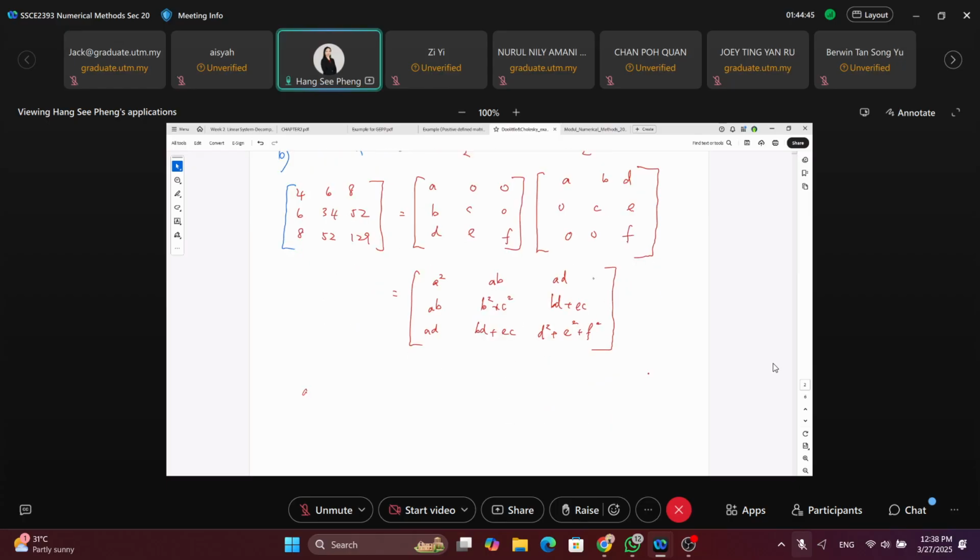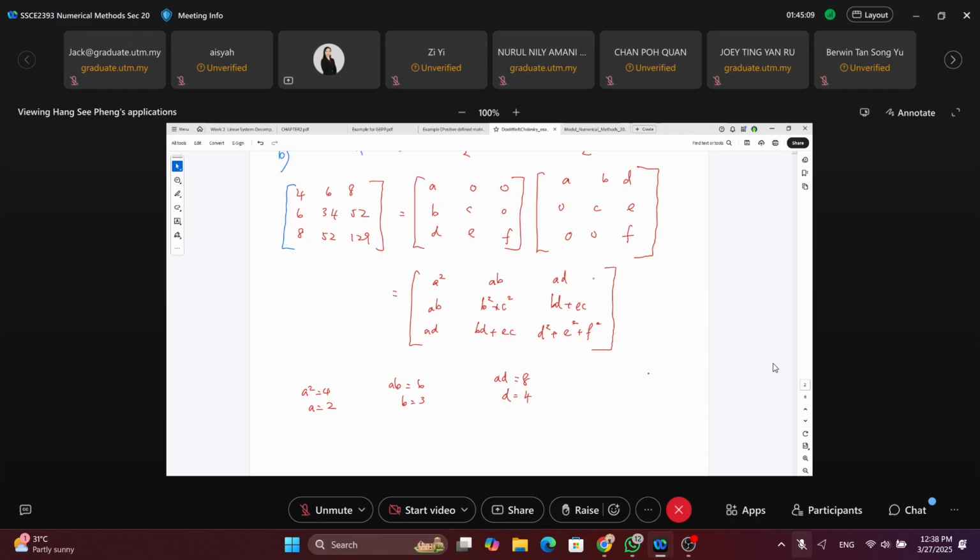So A squared equal to 4. Therefore, A is 2. You take the positive values. AB equals to 6. Since you know what is A, then B is equal to 3. So this is a quick one. You can solve it quickly. This is a simple calculation. So D here, A is equal to 2, so D equal to 4.